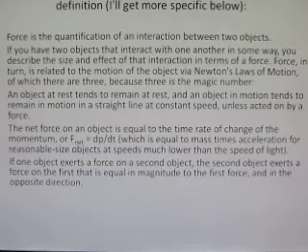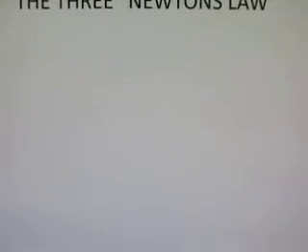The net force on an object is equal to the time rate of change of the momentum, which is equal to mass times acceleration for reasonable sized objects at speeds much lower than the speed of light. If one object exerts a force on a second object, the second object exerts a force on the first that is equal in magnitude to the first force, and in the opposite direction. The three Newton's laws.